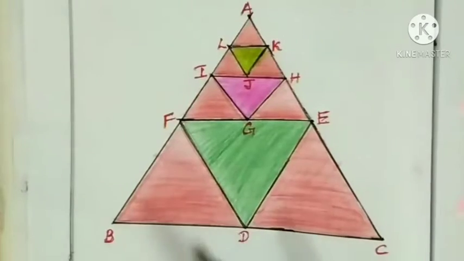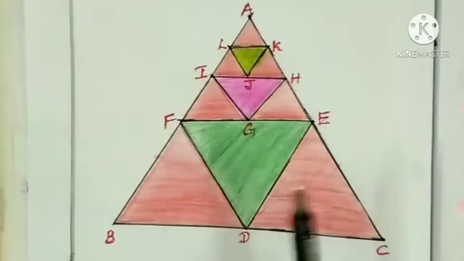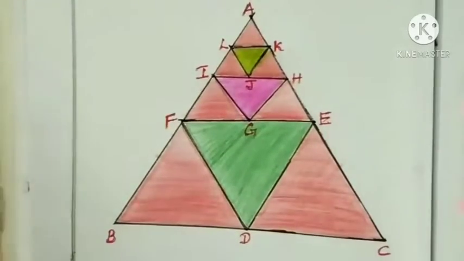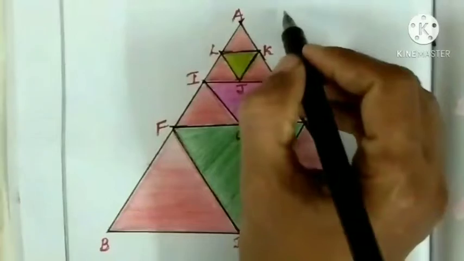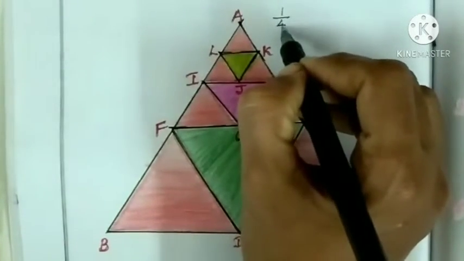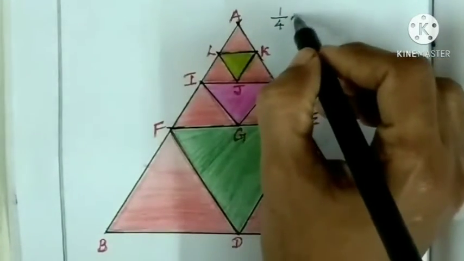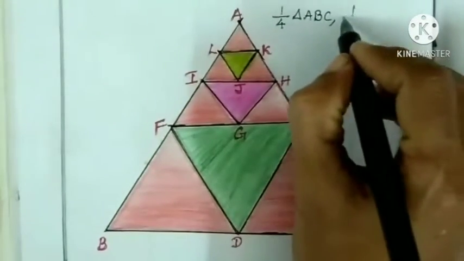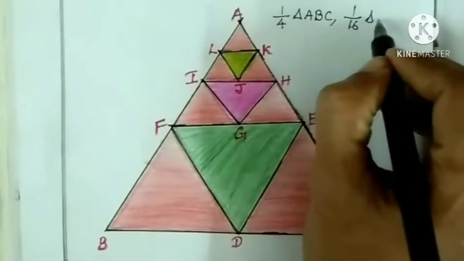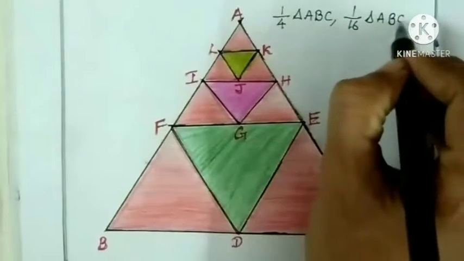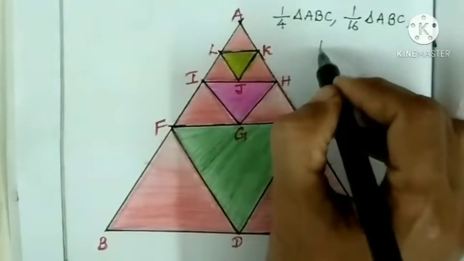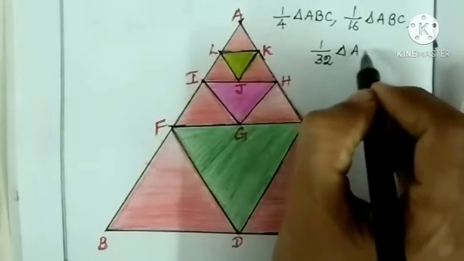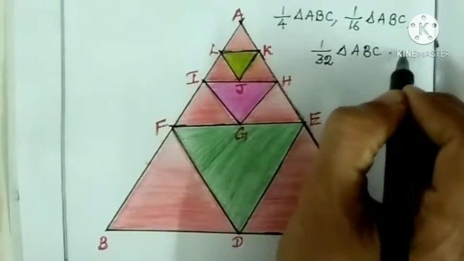In general, the successive areas are 1/4 of the previous area. Hence, the sequence is 1/4 of triangle ABC, 1/16 of triangle ABC, 1/32 of triangle ABC, and so on.